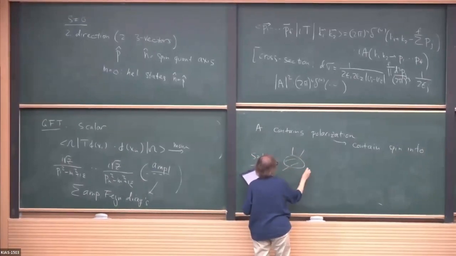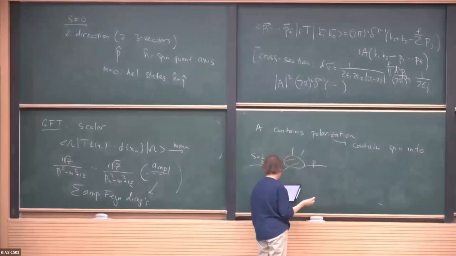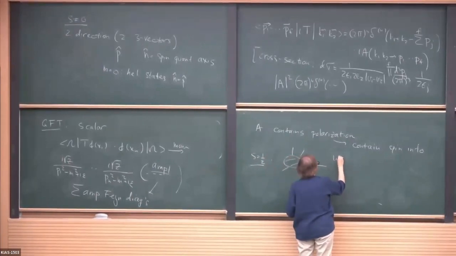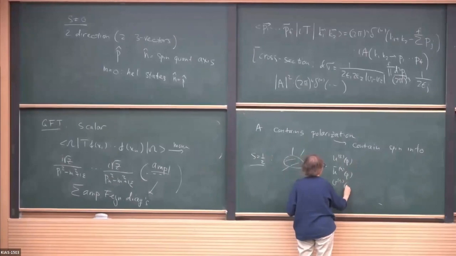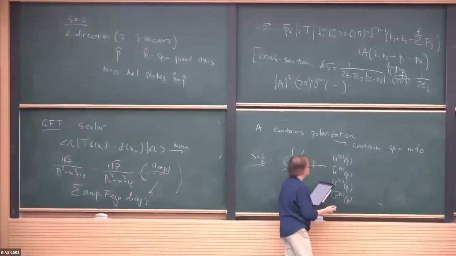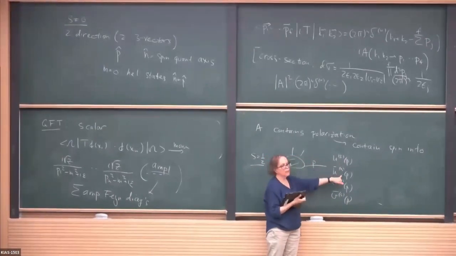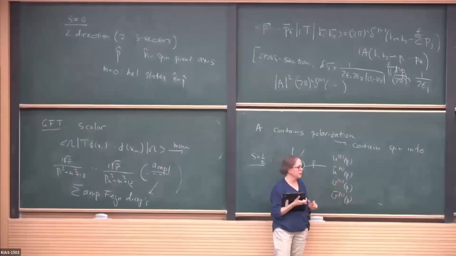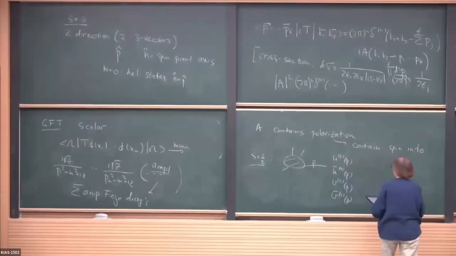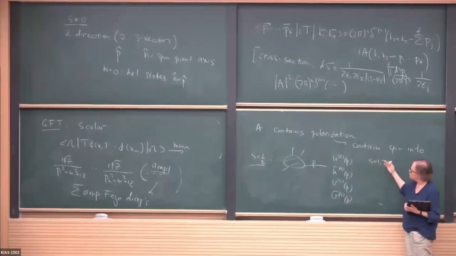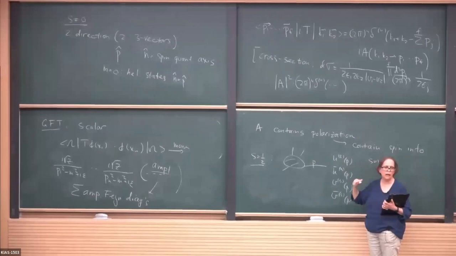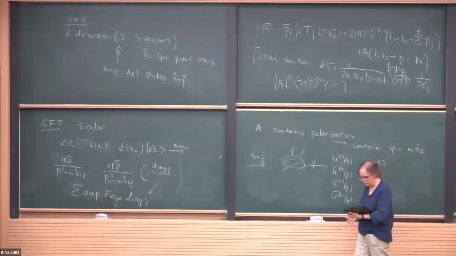You have an amplitude. This is my external leg p, and it has to come with a u(s,p) or ū(s,p) or v(s,p) or v̄(s,p), depending on whether this is an incoming fermion, an outgoing fermion, and similarly for antifermions. And this s takes the values 1 and 2, which is the right thing because we can have two spin states, up and down.